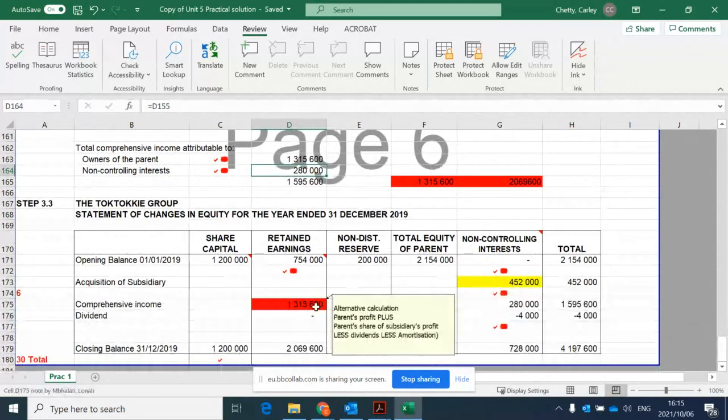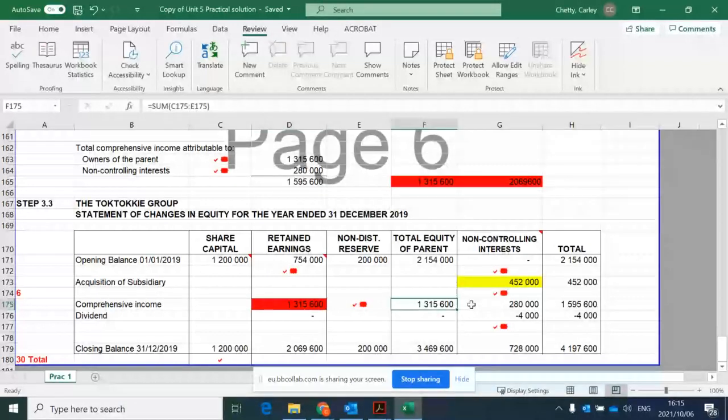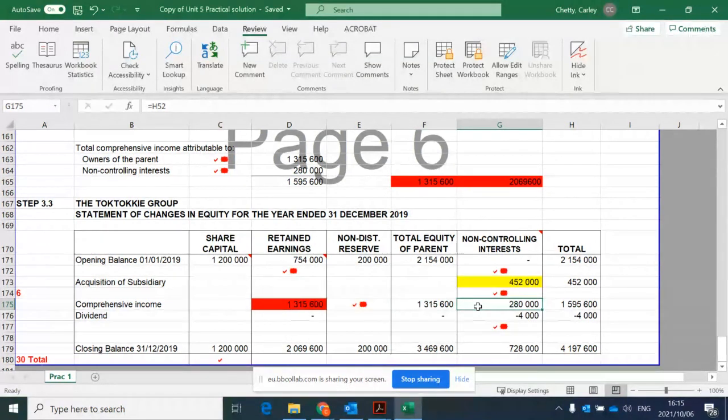Okay, so if we go down, this amount is attributable to the owners, being the parent. It represents roughly 60% of the profit for the year. Then you'll need to total that and say total equity of parent. Then in our non-controlling interest column, we'll have 280,000 Rand being the non-controlling interest share of the current year profits.